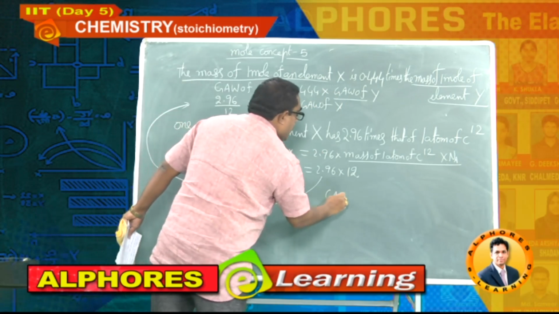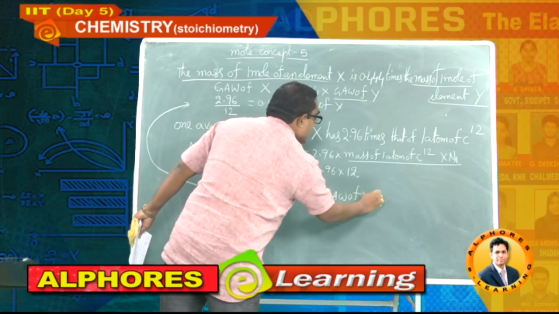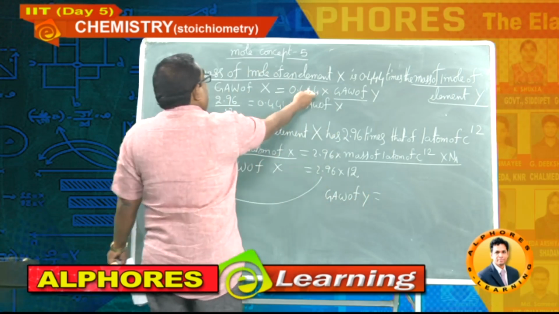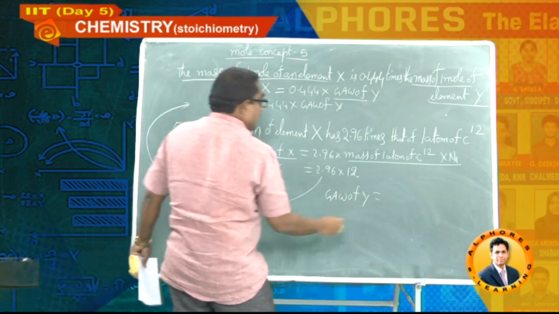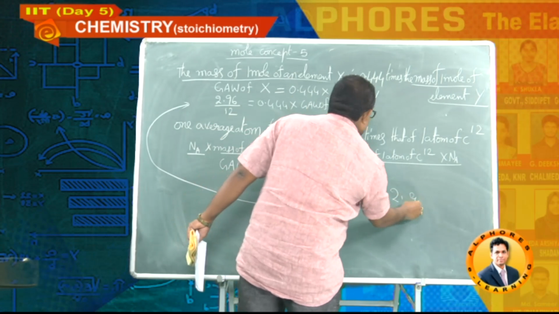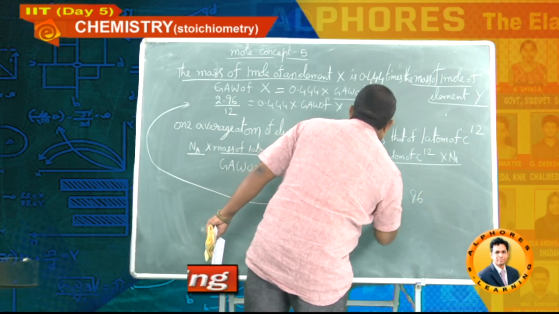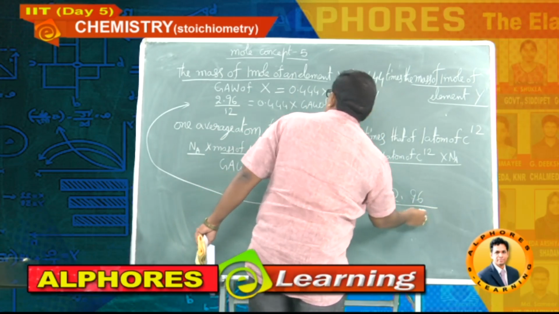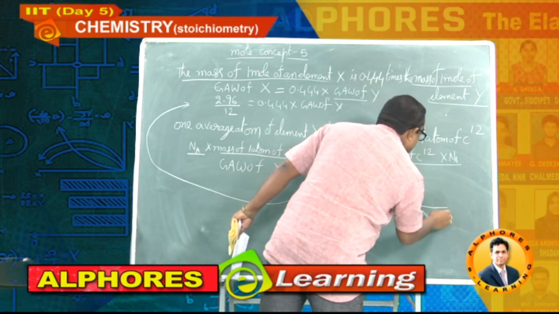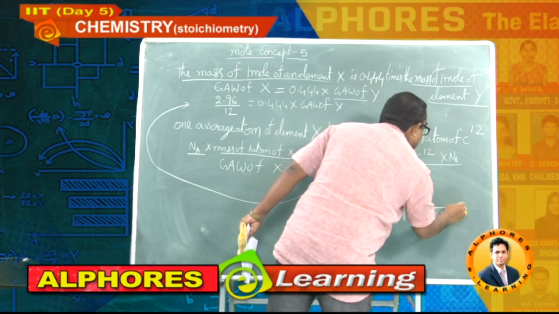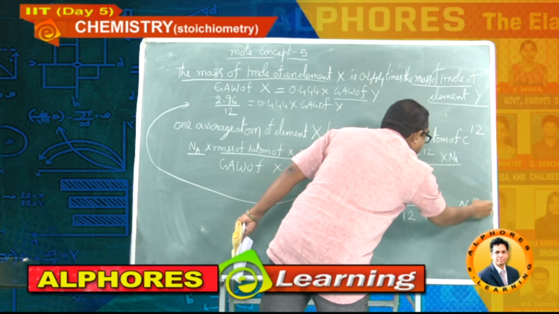So GAW of Y is equal to, take this one also to this side, 2.96 into 12 divided by 0.444. So approximately you will get it as 80.